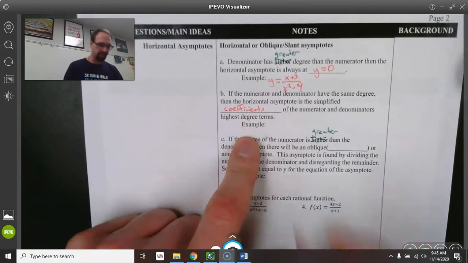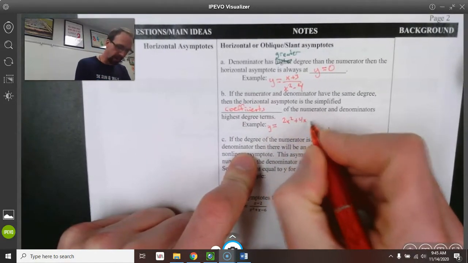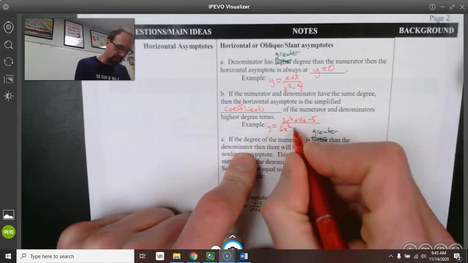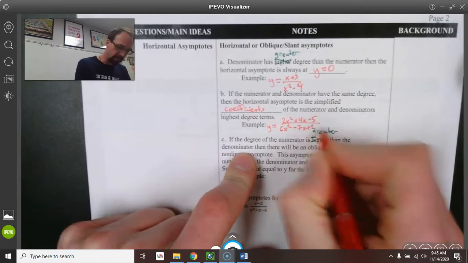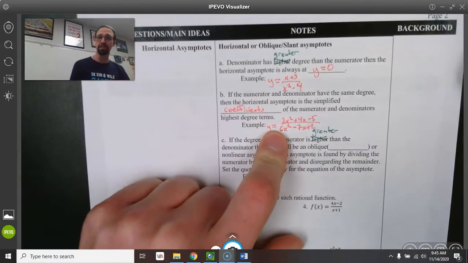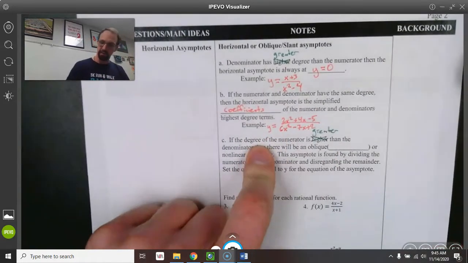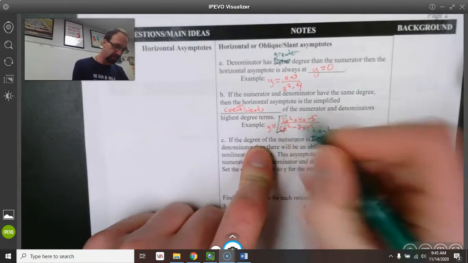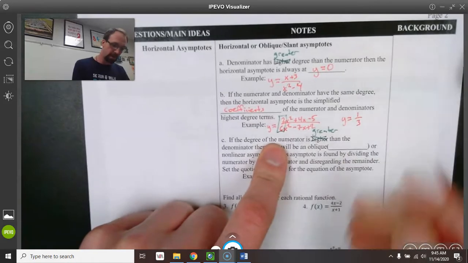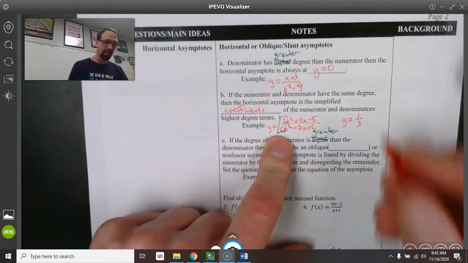An example of this: if I have y equals 2x squared plus 4x minus 5 over 6x squared minus 7x plus 2, you take the coefficients of both the numerator and the denominator, and then you simplify them. So this 2/6, I simplify that, and I get y equals 1/3. This is my horizontal asymptote.